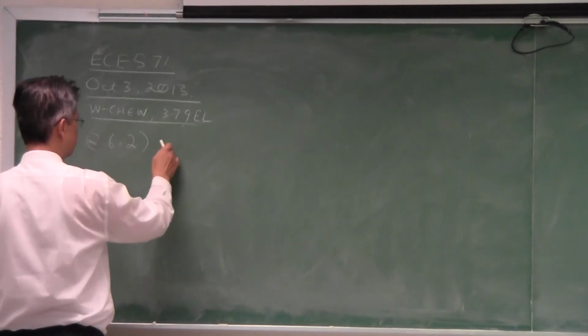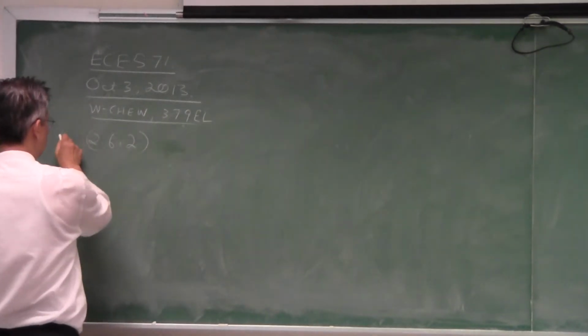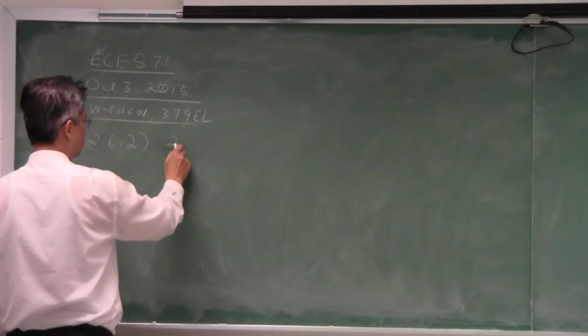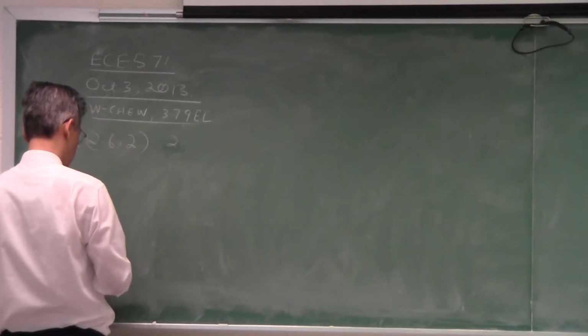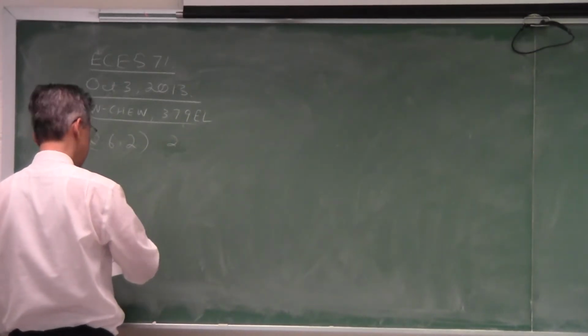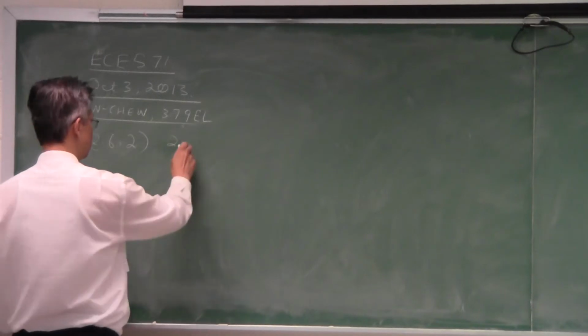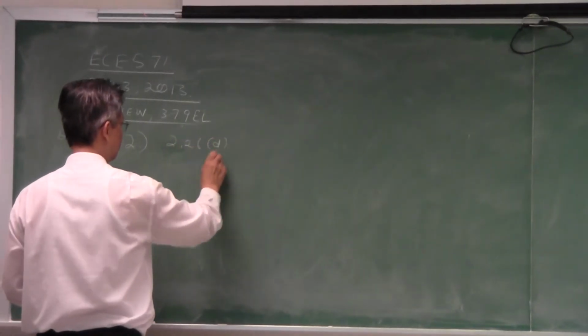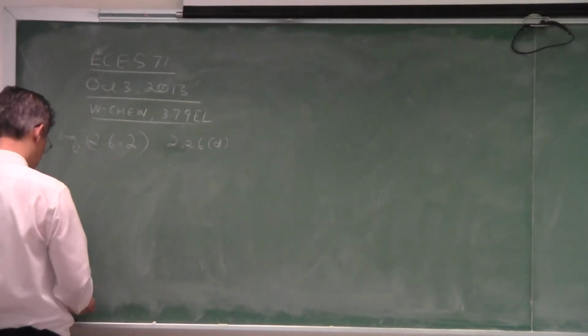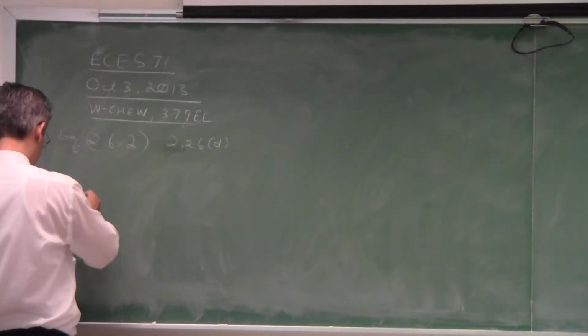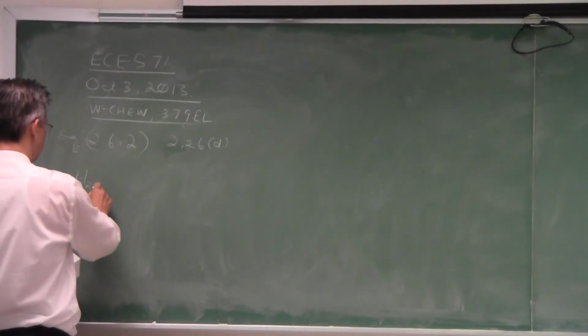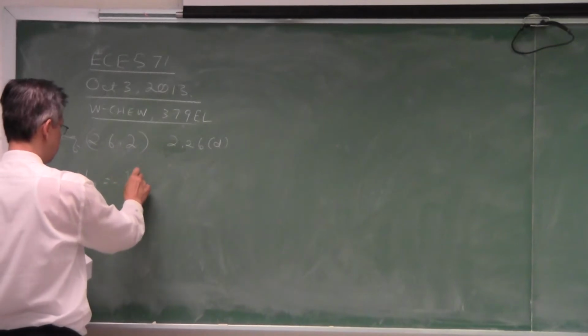And then 2.6.2 is the problem, plus part D. And then you're asked to find the asymptotic expansion of this thing.